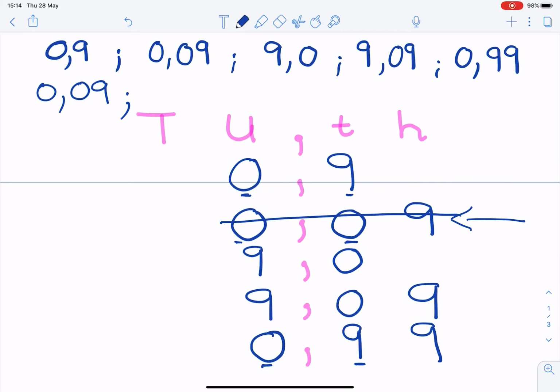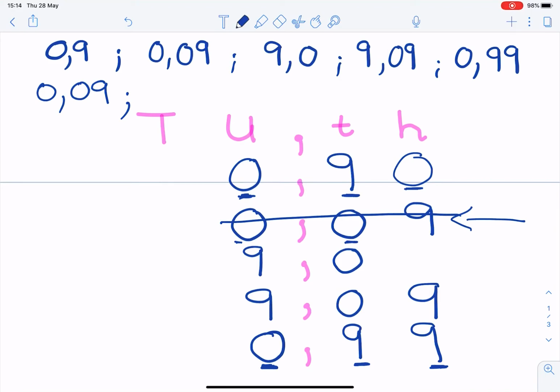Right, the next one. We're going to once again look at the numbers with zeros in the units column because they are smaller than the ones with a 9 in the units column. This one has a 9. This one has a 9. This one has nothing in the hundredths place. This one has a 9. So this one is bigger.